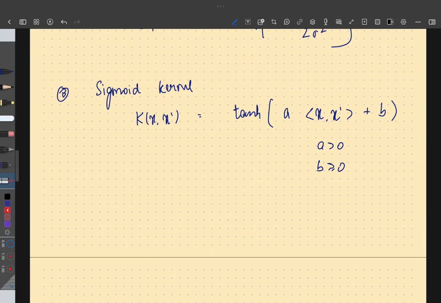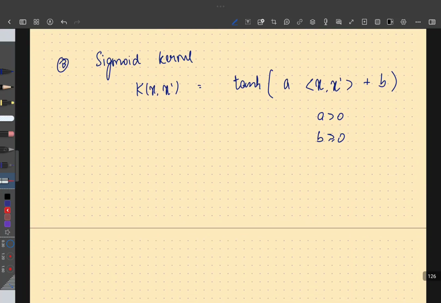Okay, so this kernel, the sigmoid kernel, also happens to be a positive definite symmetric kernel.